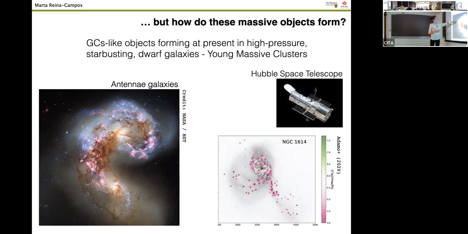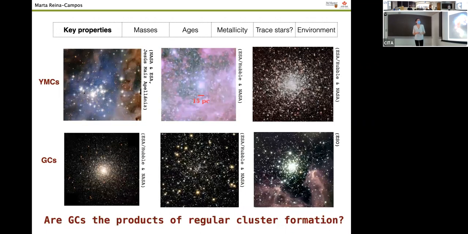And these objects, which in this image would be these compact blue dots, we're now referring to as young massive clusters, in contraposition to the old globular clusters that were first observed in our own galaxy. And so we can now say, well, maybe under this hypothesis that stellar clusters are part of a continuum, these objects are not so different.